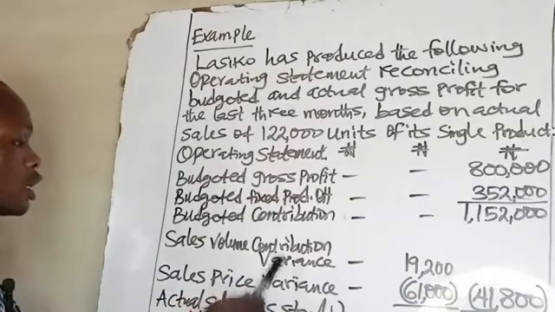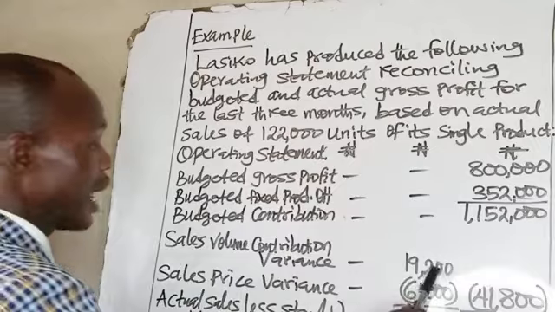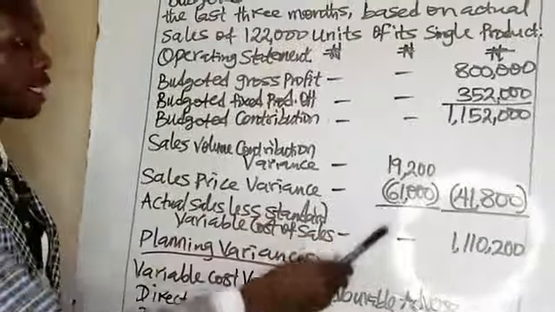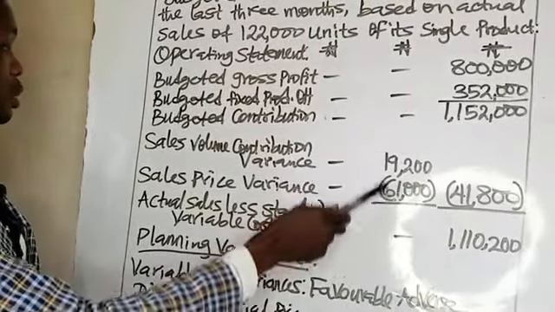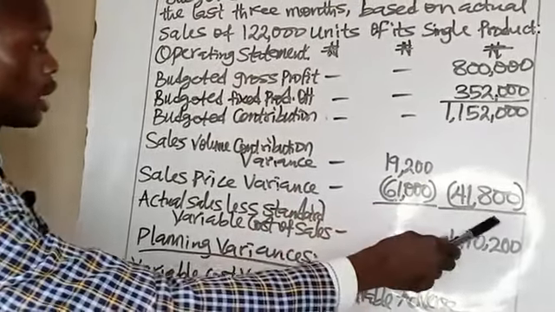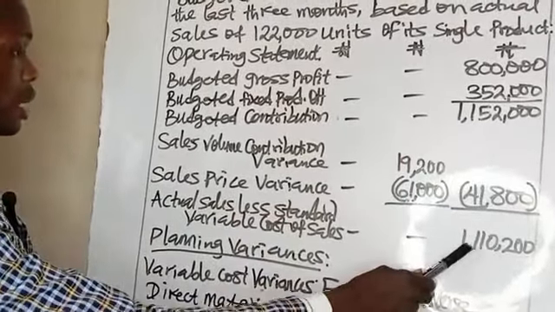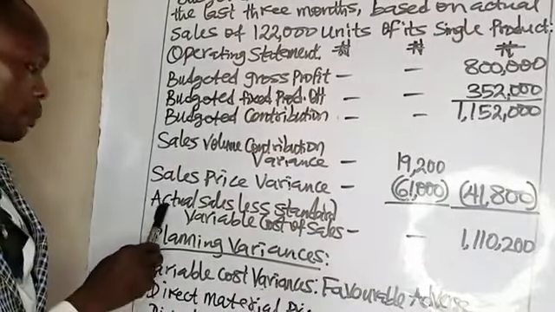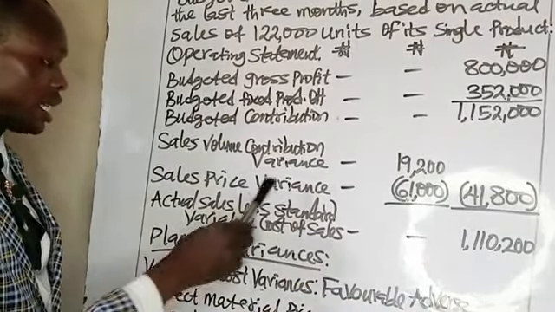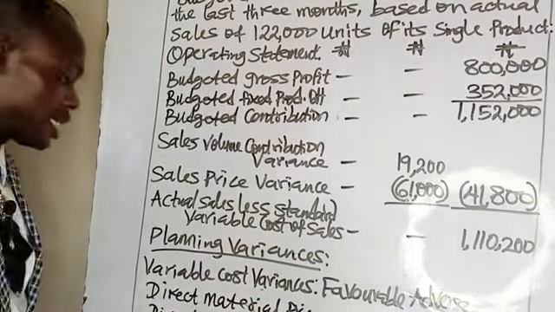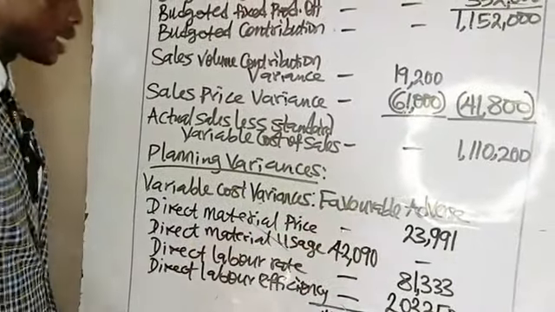We have sales volume contribution variance, 19,200. Sales price variance, 61,000. The net difference between contribution variance and price variance is 41,800. When subtracted from the budgeted contribution, we have 1,110,200, which represents actual sales less standard variable cost of sales.